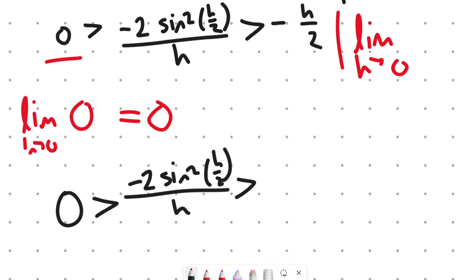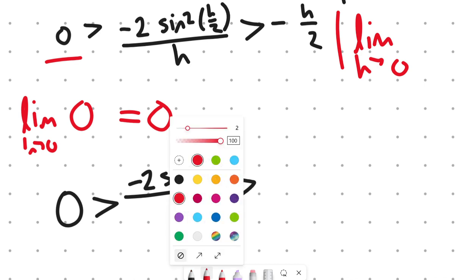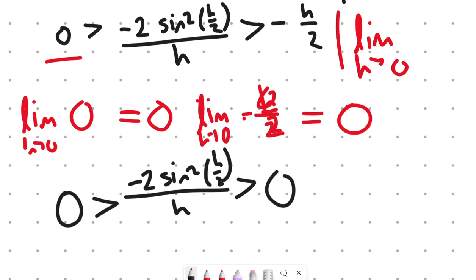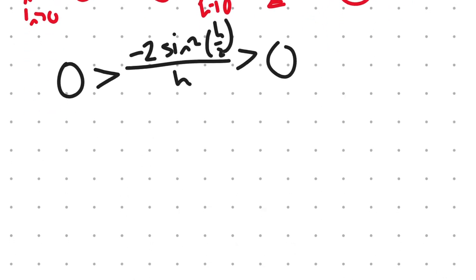Now the limit as h approaches 0 of minus h over 2 is 0 over 2, and 0 times negative 1 is just 0. So here we also have 0. Now which number is between 0 and 0? So 0 is bigger than negative 2 times sine squared h over 2 divided by h is bigger than 0. It's only true if this expression is equal to 0.